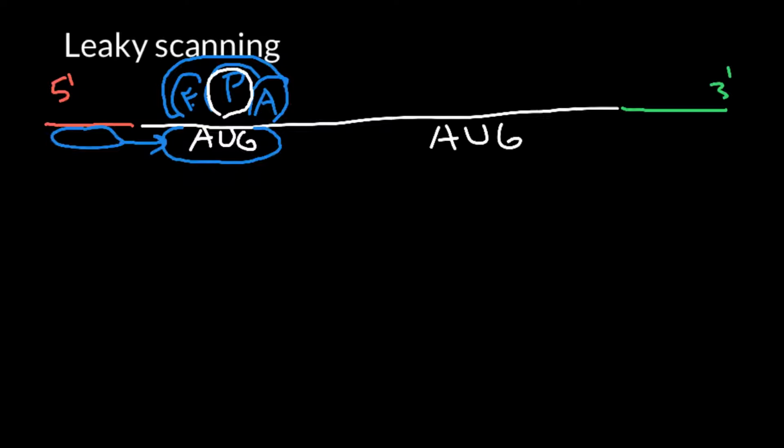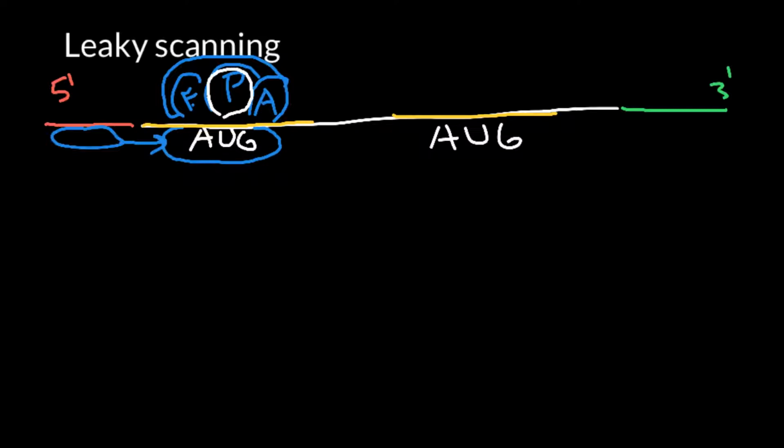But what would happen if this sequence here also would have a Kozak sequence? So let me use some color to designate this sequence. What if here we also would have this Kozak sequence? That means that this can also be a start codon, and this is going to be, in this case, an alternative attachment site for the ribosome.